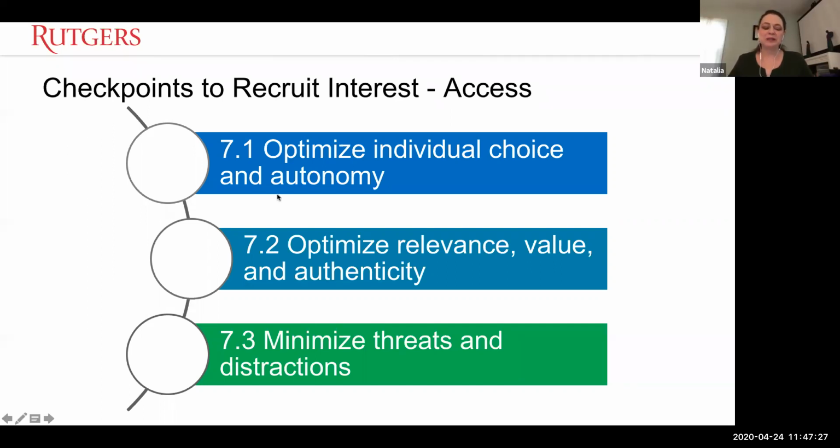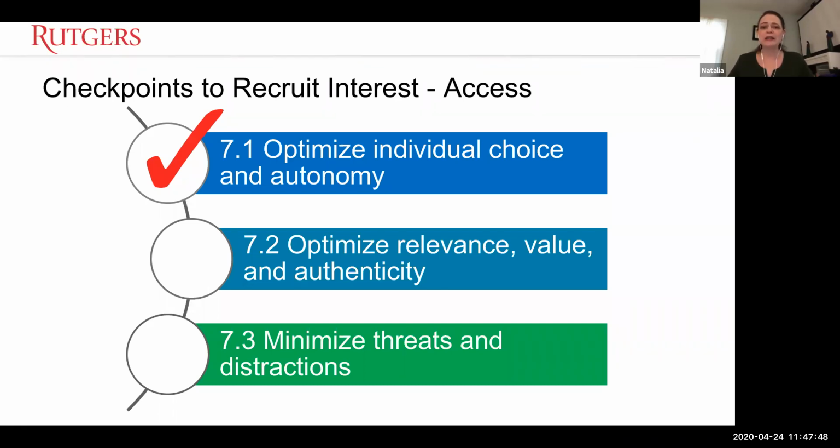Very, very important. Sometimes instructors give the same kind of assignments. Okay, everybody research this particular topic. Everybody will write this type of paper, and there's no variation whatsoever. Well, it might work for someone, but it's probably not going to work for all, or most likely will not work for most.